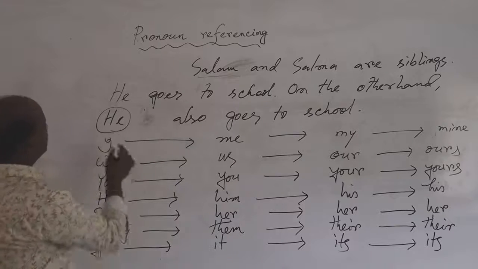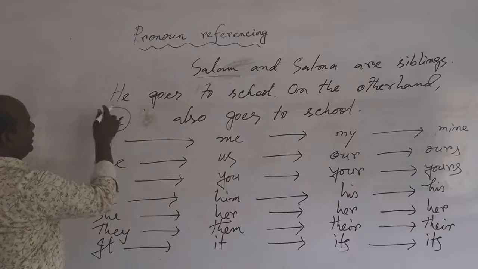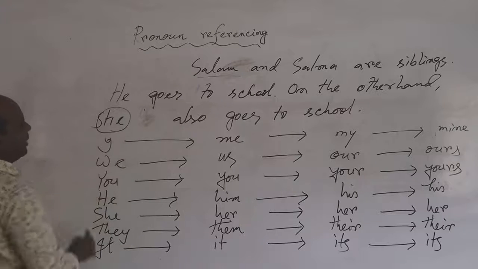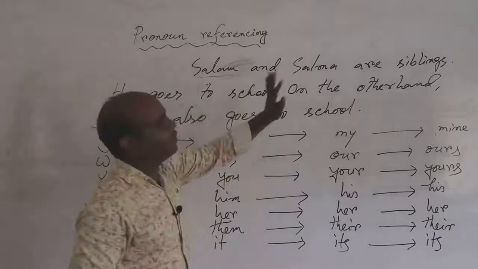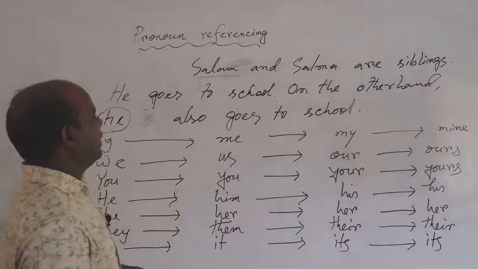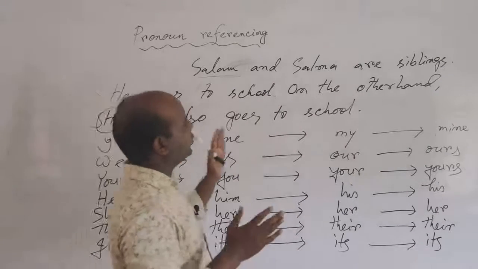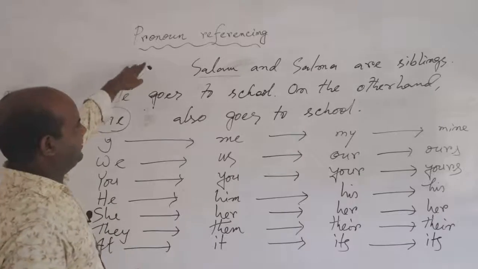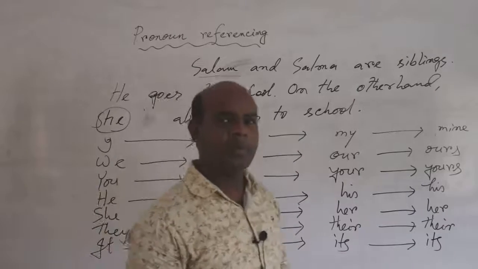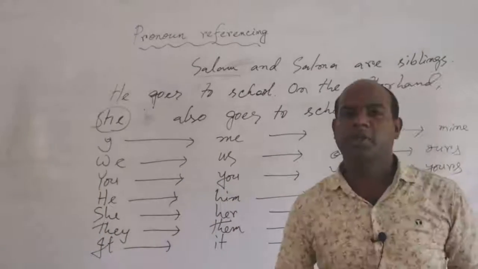So you should not use he, you should use she, because she also goes to school. That means Salma also goes to school. So in this way you have to clarify the sentence. Thank you.